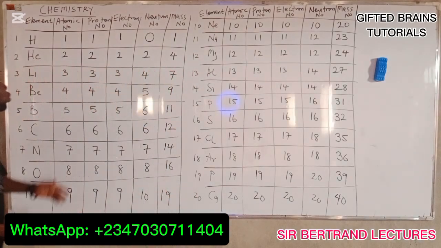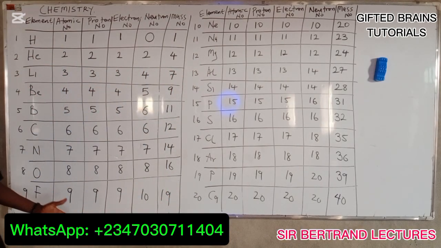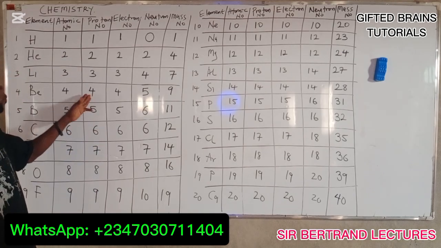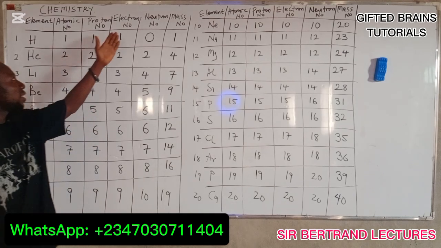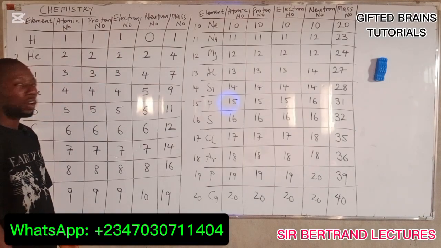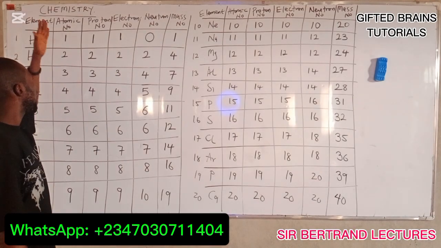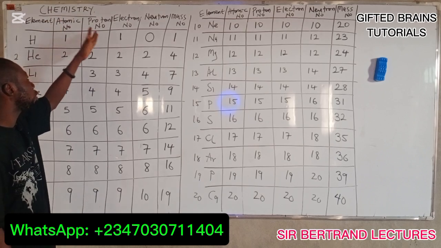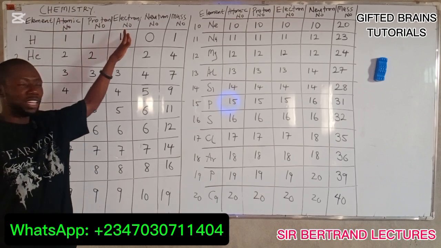All right? So here we have the atomic number completely filled, the proton number, which is the same as the atomic number. Here is the neutron number. All right? Take note. Atomic number is equal to the proton number, which is also equal to the electron number.